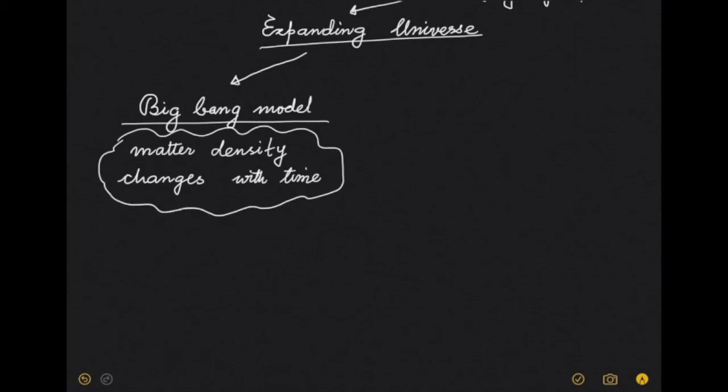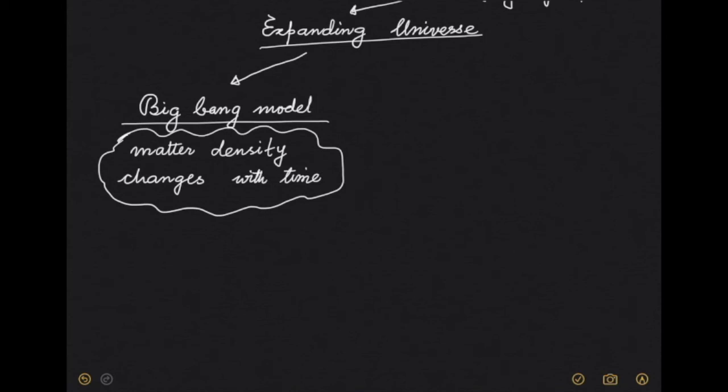This is the definition of the Big Bang model. If you look at the definition, there is no mention of any event called Big Bang. It just says that the matter density changes with time. We'll see today explicitly in what particular way the matter density changes with time.